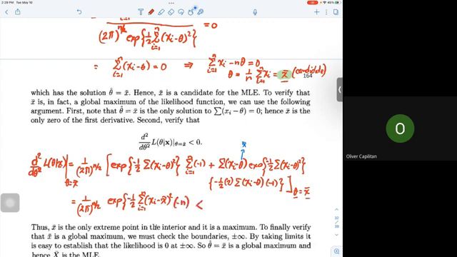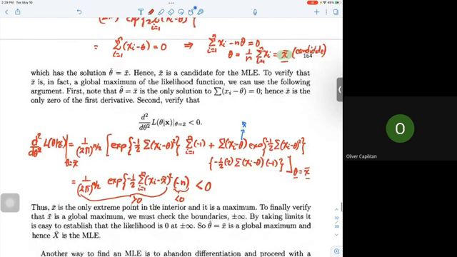Obviously, this is less than 0, kasi itong part na to, positive ito. But the second one, negative. So the product is negative.